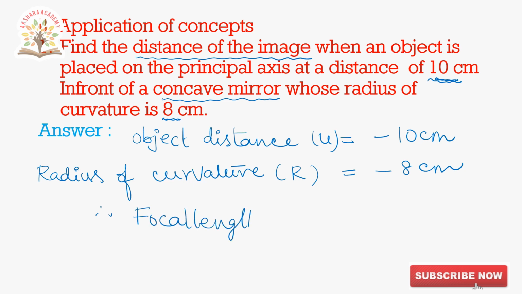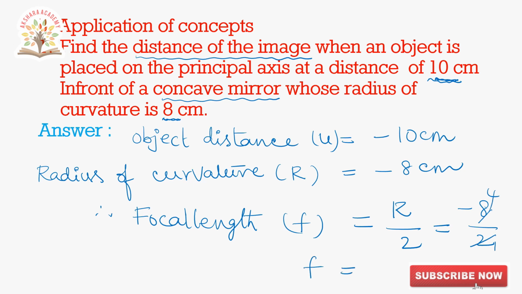The relation between focal length and radius of curvature is f equals r by 2, that is minus 8 by 2, so f equals minus 4 centimeters. Now we have to calculate the image distance, that is v equals question mark.